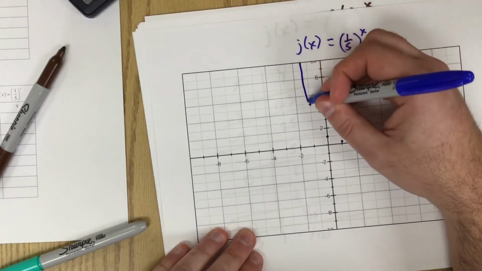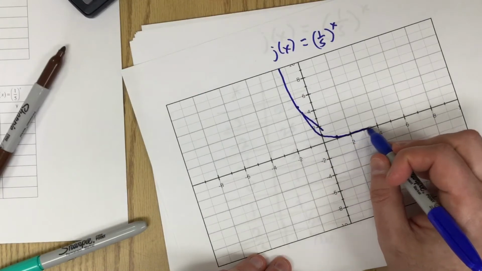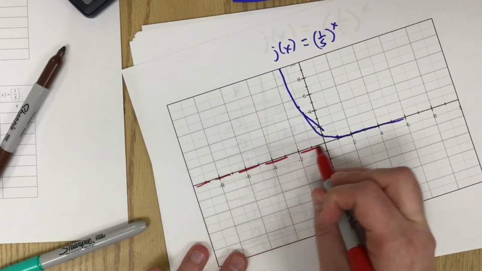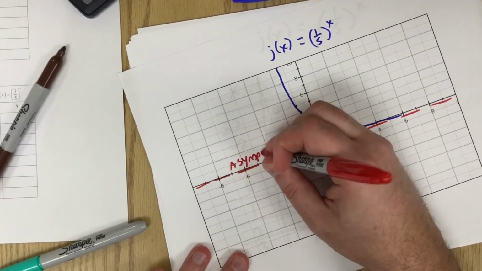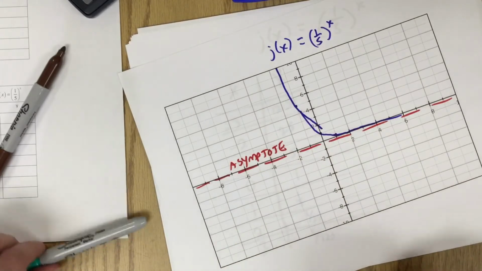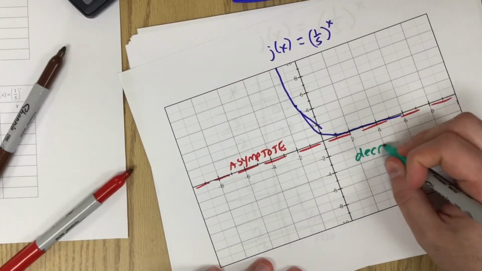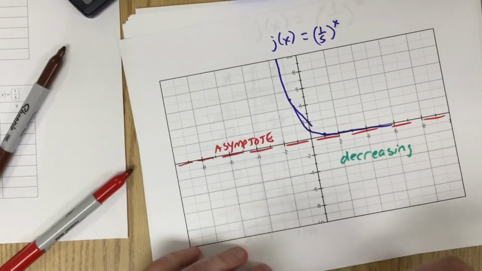So it's just like the other one, but it climbs up faster and hits the ground faster. Still, though, it has the same asymptote. And like 1 over 2 to the power of x, this one is decreasing.